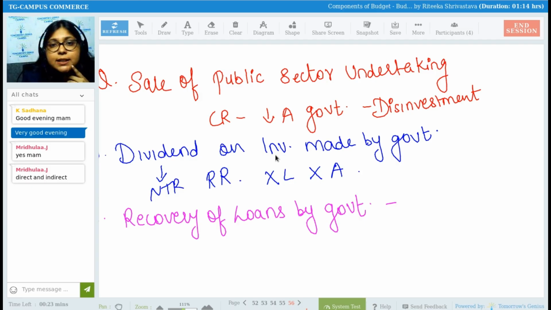Recovery of loans by the government: the government is recovering its loan from the people to whom it has given the loan.